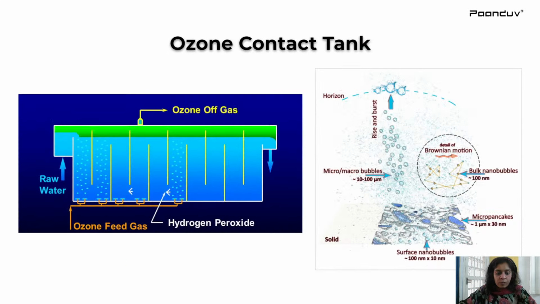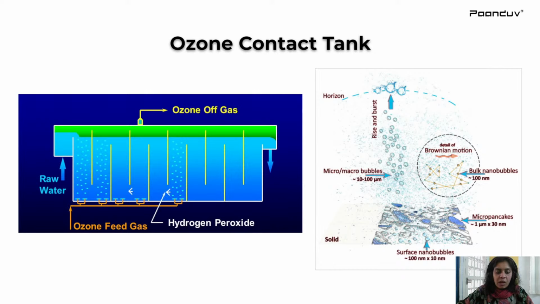your overall process. Now coming on to another integral part of wastewater industry, which is the ozone contact tank. This is also very important because ozone itself is an oxidizing moiety which helps oxidize the impurities present in water. Now there are different challenges here.